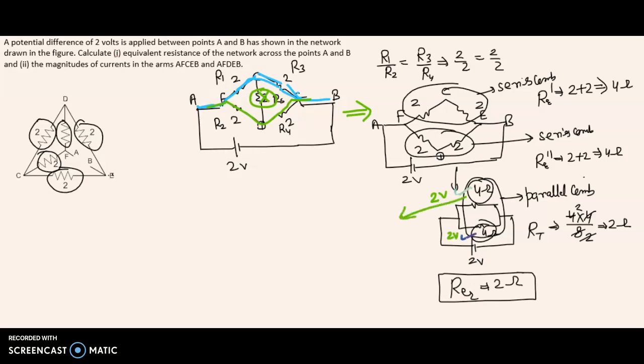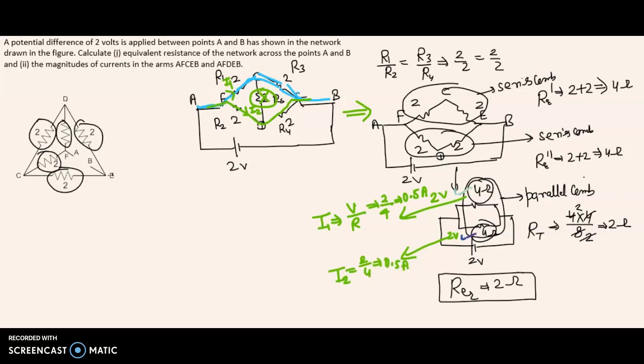So current in 4 ohm, according to Ohm's law, I equals V by R. So V equals 2, R equals 4, which means 0.5 ampere. And current in the other 4 ohm, I1 and I2 equal V by R, 2 by 4, again 0.5 ampere.